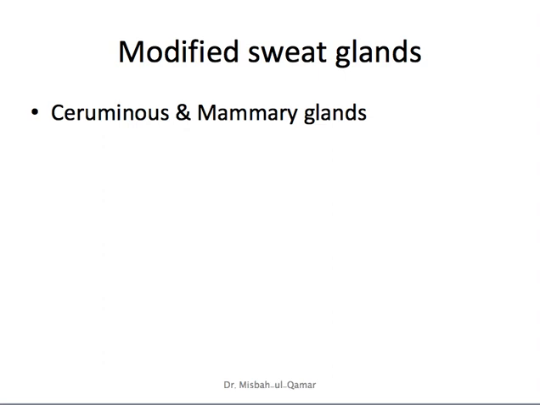So that was all about the skin and the accessory structures of skin and their functions. So here we wrap up the skin physiology, and next time we will move on to the body temperature regulation.